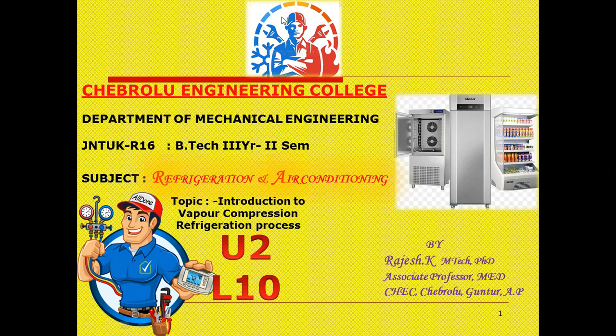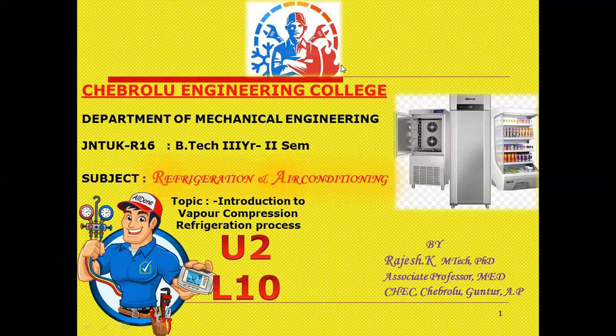In the last few classes, we have discussed the basic introduction of refrigeration and the ideal refrigeration air cycles, that is, the reverse Carnot cycle and the Bell-Coleman or Brayton cycle.